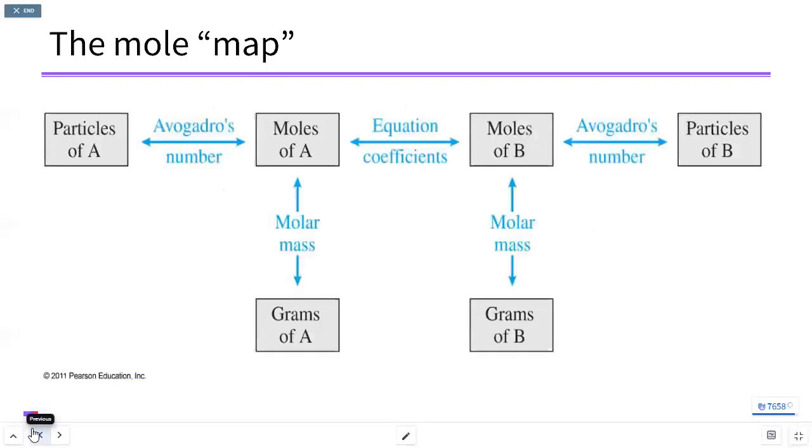Now, luckily, we can help ourselves a little bit. This is a diagram I have used for, well, 2011 it says there, so let's go with that. The idea here, this is an organizational system. Tells us what kinds of calculations we need to do to connect one piece of information about a substance to another piece of information about another substance.